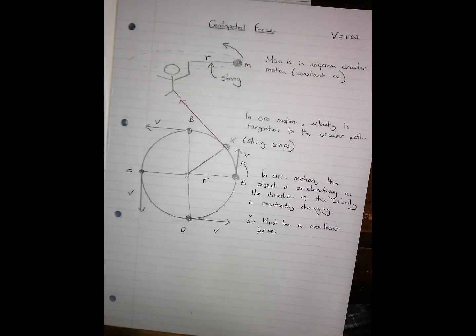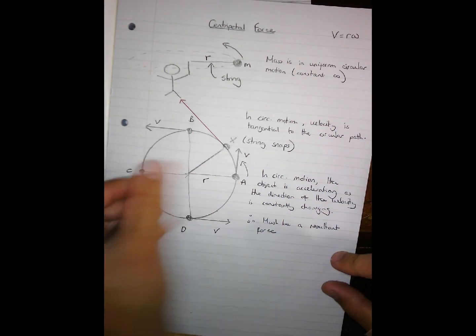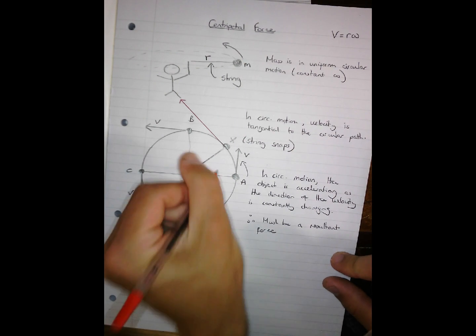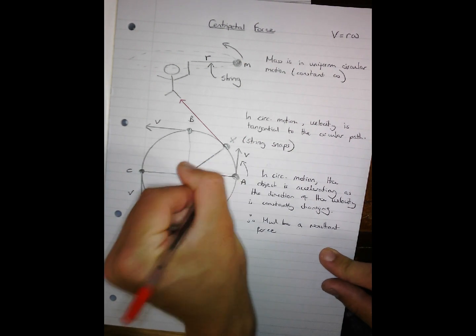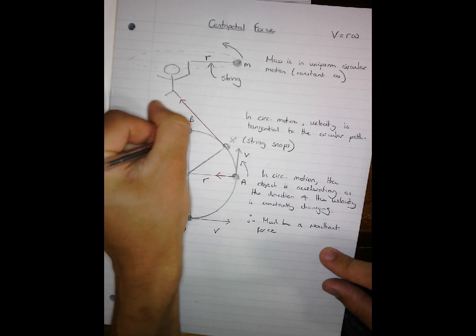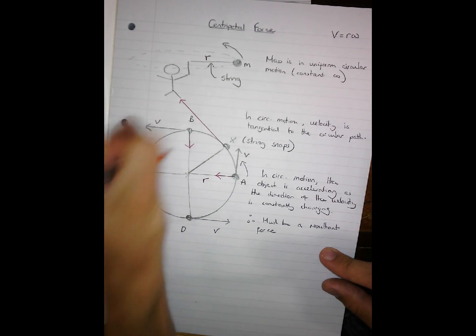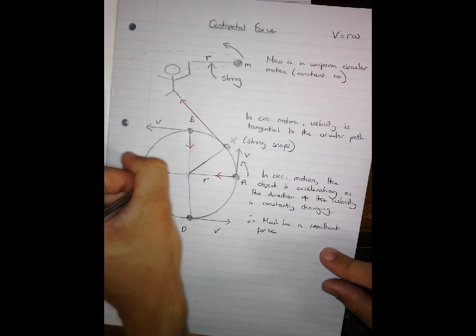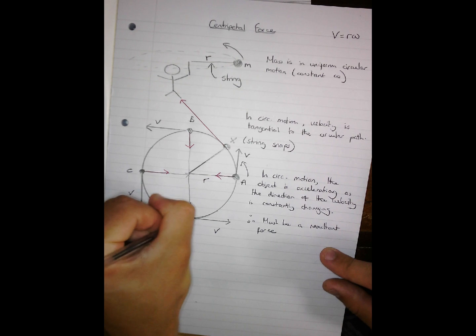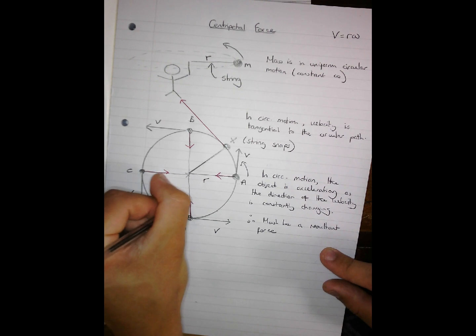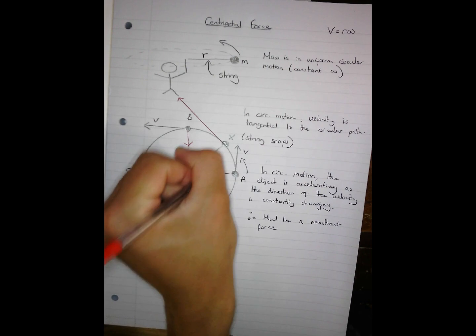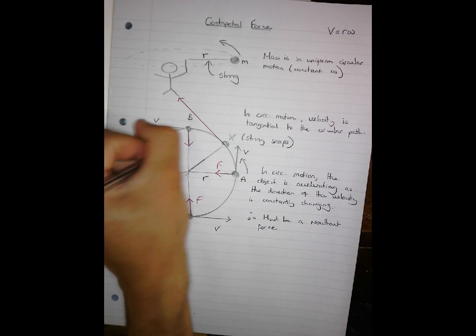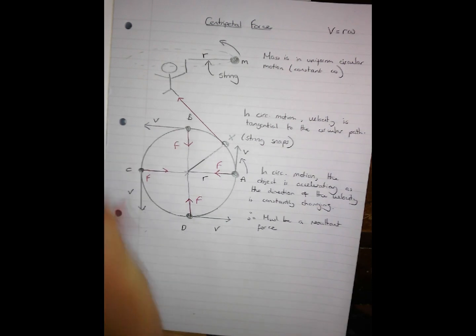As it happens, we can label the resultant force on this particle, and the resultant force in this case is always going to be directed towards the centre. This is the force that keeps the object in circular motion.